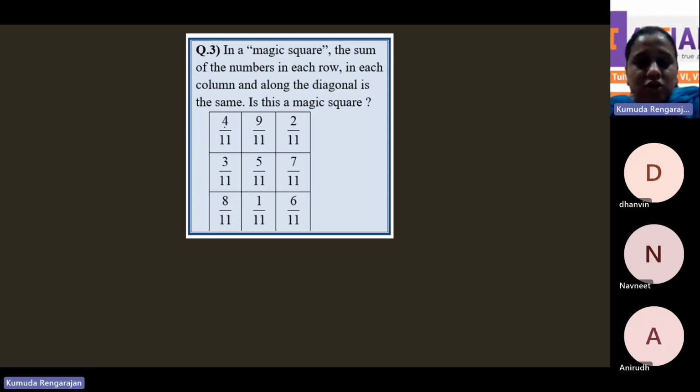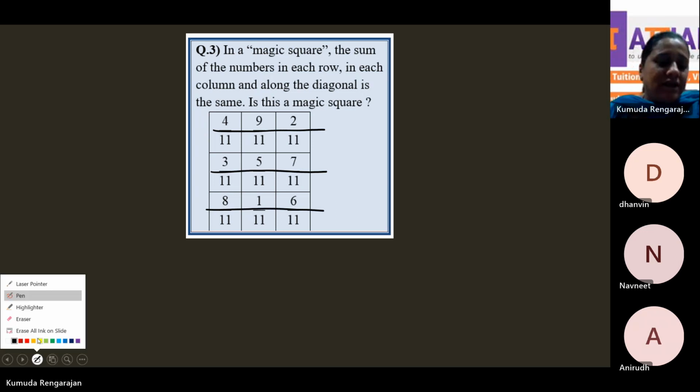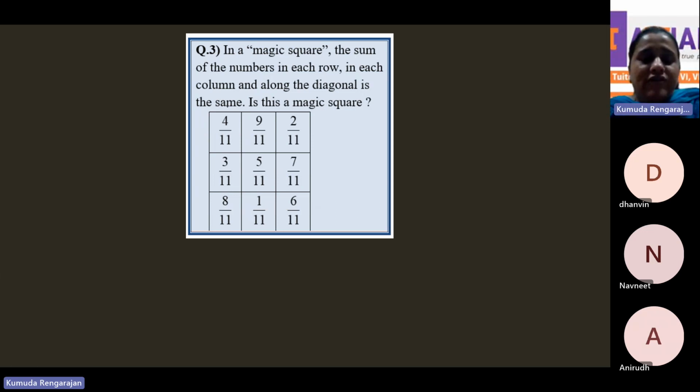You must find the sum of all the fractions in the first row, second row, third row. Then the sum of all the fractions in the first column, second column, third column.